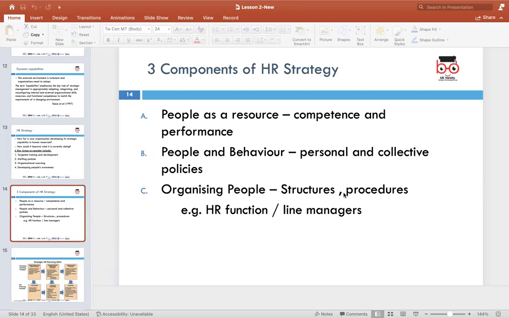So moving on, again, 3 components of the HR strategy. It says that people are used as resources. So we see people as the most important asset in an organization, right? But we also need to see how we can use their transferable skills, not just the skills that they mention on paper, but also how competent they are in terms of performing better if we make slight changes to their daily job.